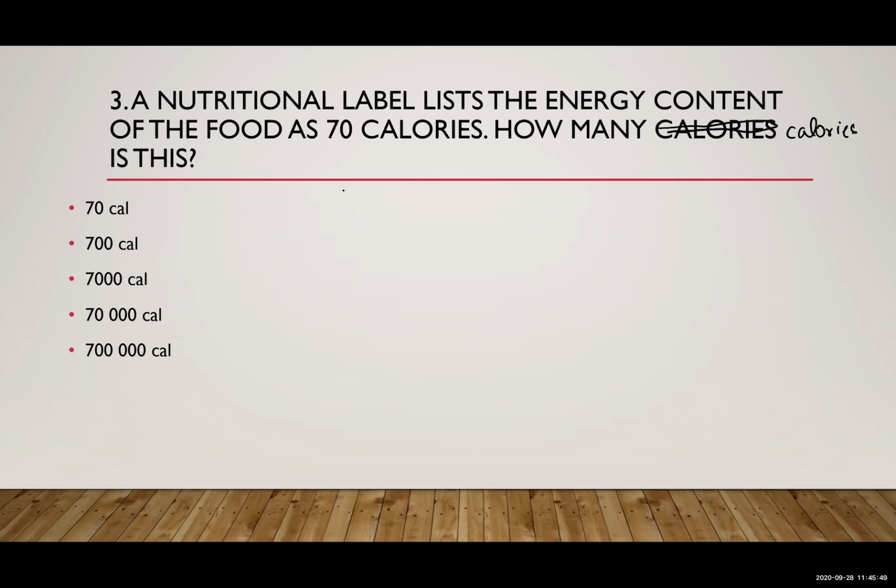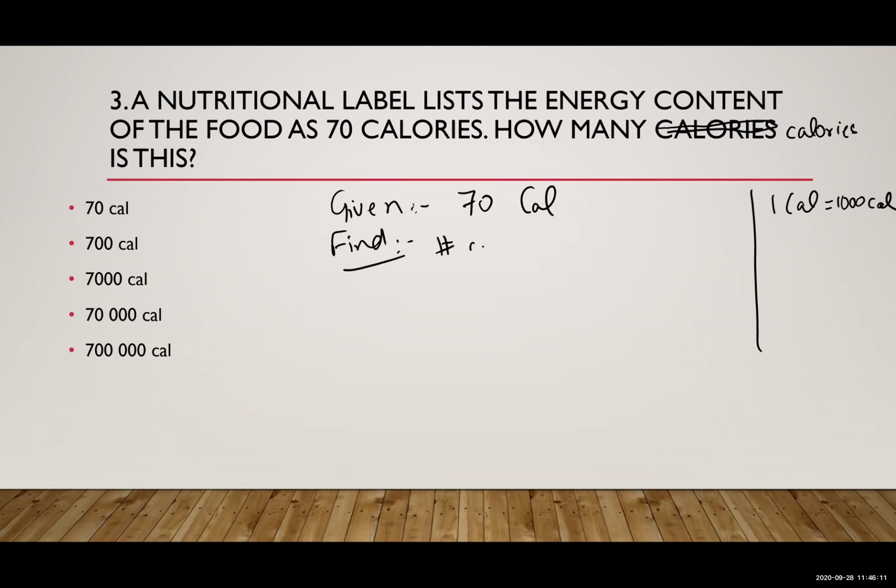Given is 70 nutritional calories, see the uppercase calorie. Do we know that one uppercase calorie equals how many lowercase calories? 1000, right? We know that. And we want to find the number of lowercase calories.